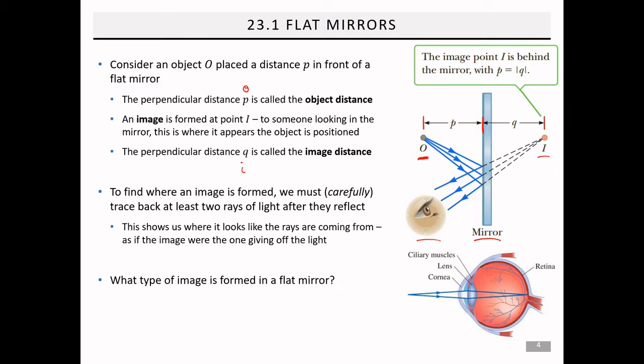So you have a mirror in front of you and you have a candle behind you. The actual object that's giving off light is the physical candle that's located behind you. That's the object. But when you're looking forward, you're looking in front of you, you see a candle in the mirror. So it looks like that candle is located in front of you in the mirror. That's the image of the candle.